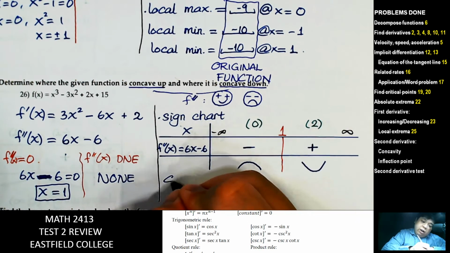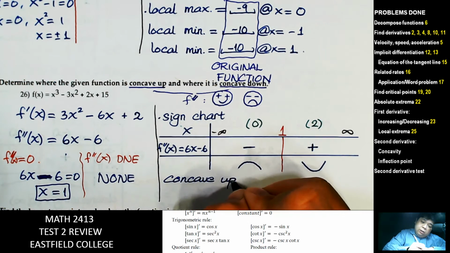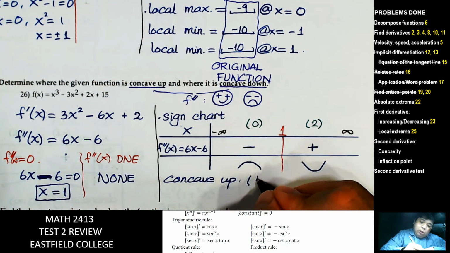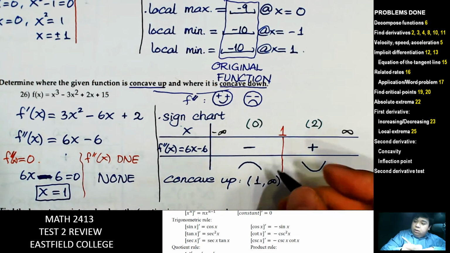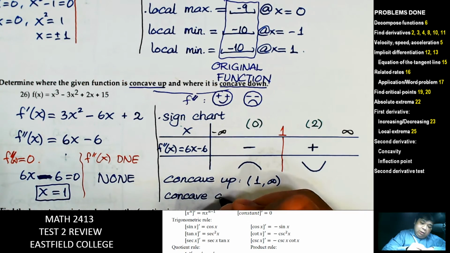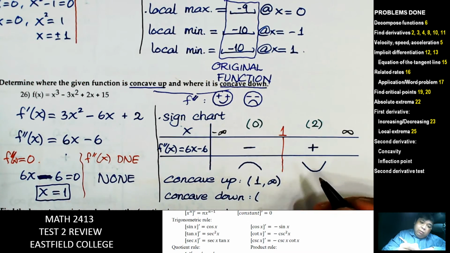So we say concave up from 1 to infinity, and concave down from negative infinity to 1.